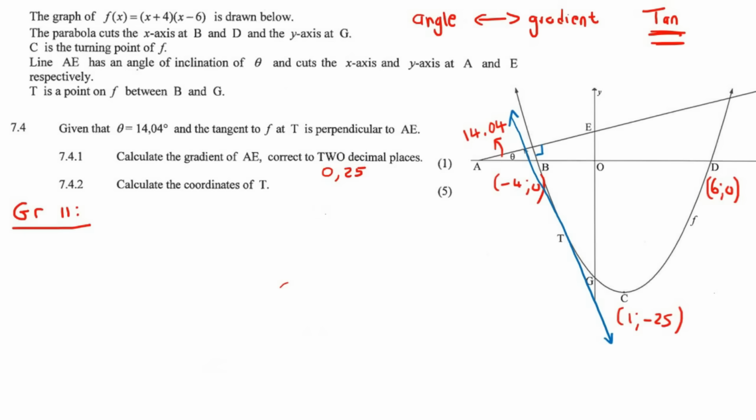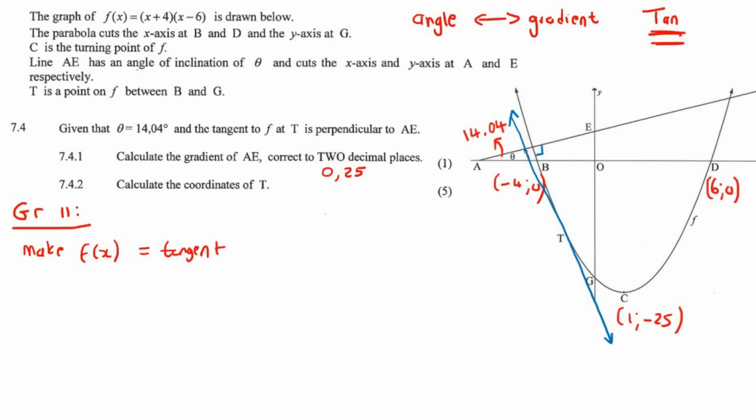So what I'm going to do, can we all agree that these 2 graphs, the tangent and the parabola, are touching each other. So they are equal, they are going into each other. So how can you find out where the 2 graphs go into each other? You make them equal. So we're going to make f of x equal to the tangent's equation.